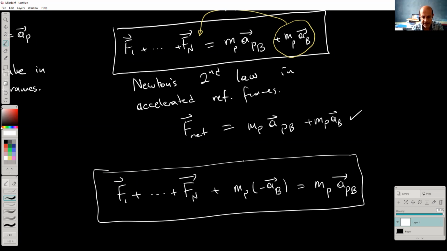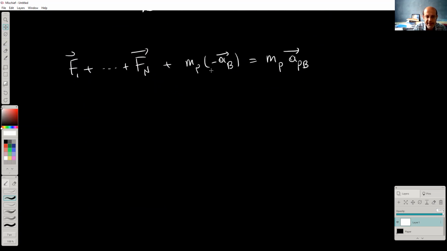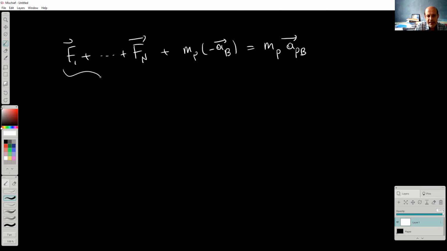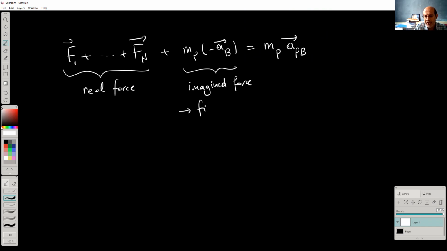In any case, let me add this in here. These are all real forces. This has an imagined force. The correct name in here is fictitious force.